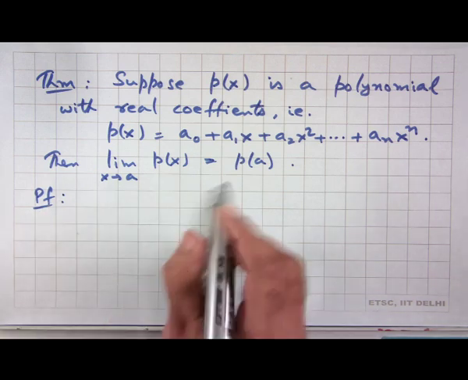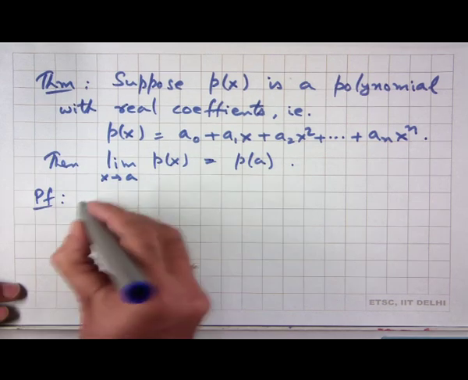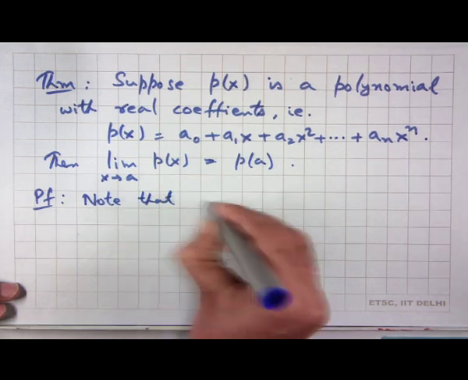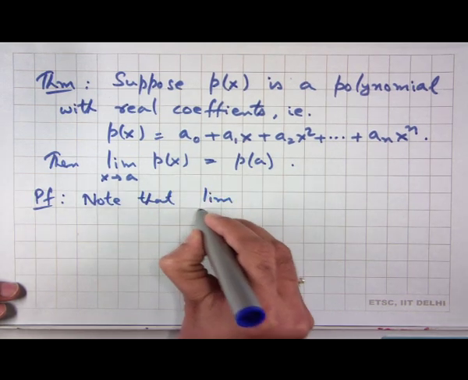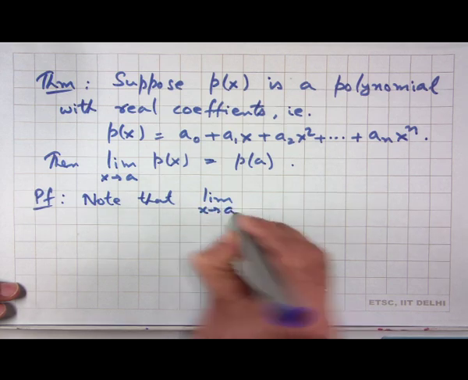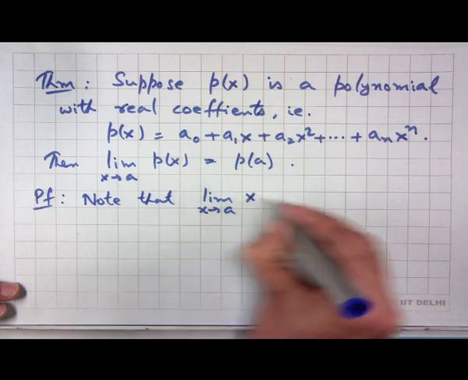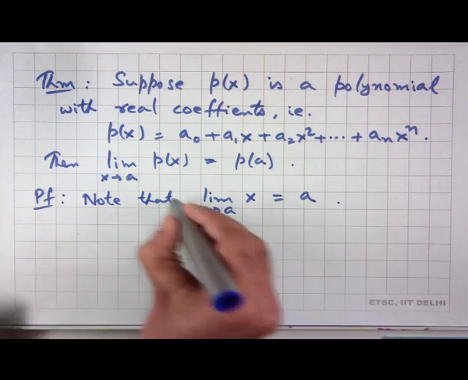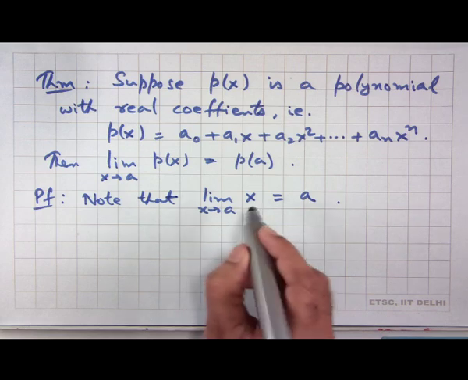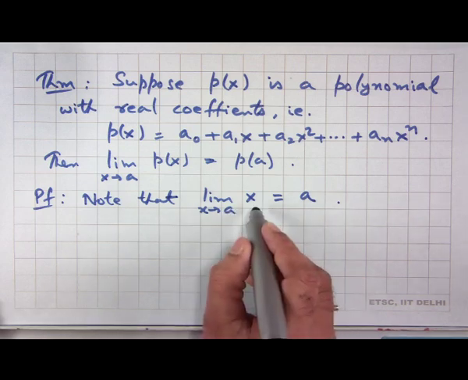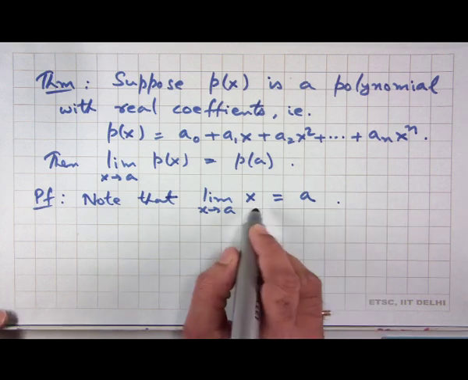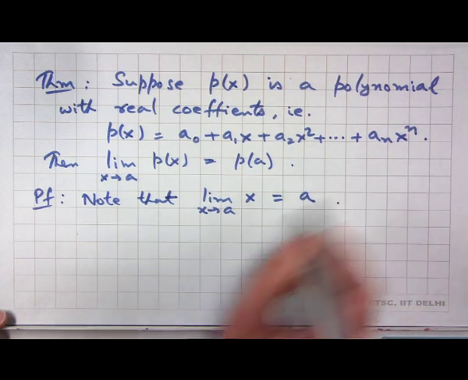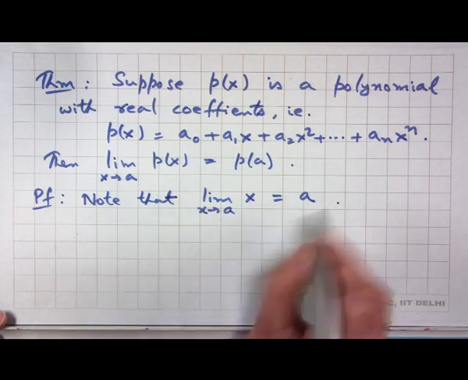To prove this you only have to know, first note that limit of x as x goes to a is equal to a. This is very easy to see, and using the epsilon delta definition you just have to see that delta equal to epsilon will work. So, the limit of the function f x equal to x as x goes to a is equal to a.